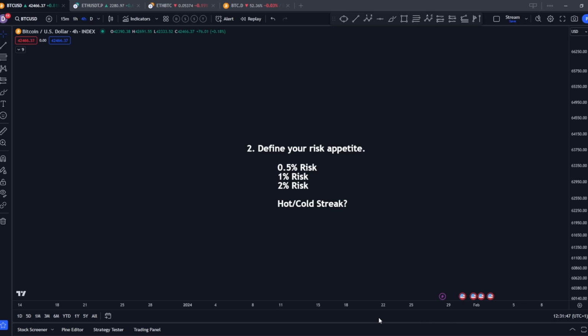That means that you're only taking 1% risk per trade. So that would equal 1,000 divided by 100 makes $10. So that means the maximum you're willing or able to lose on one specific trade is $10 in that case, which is 1%.